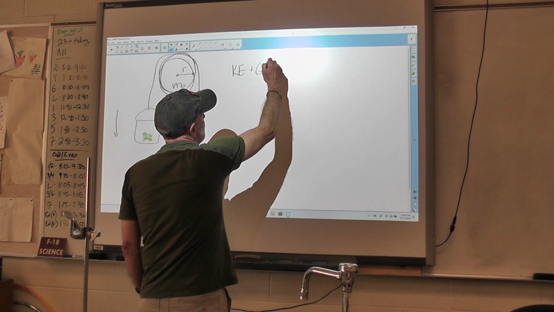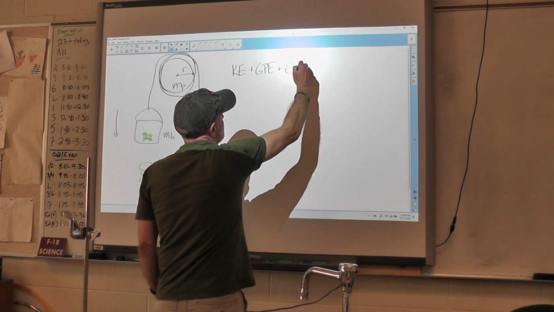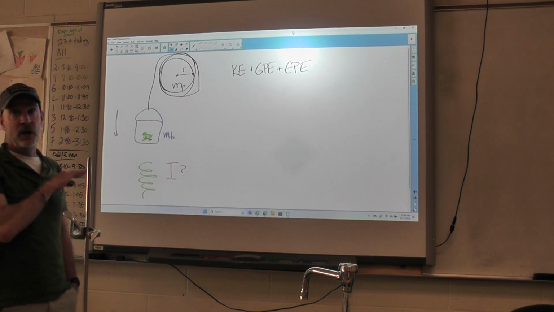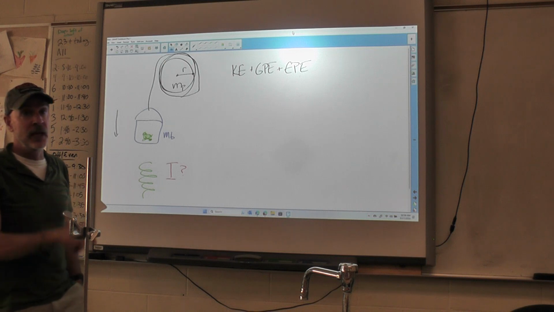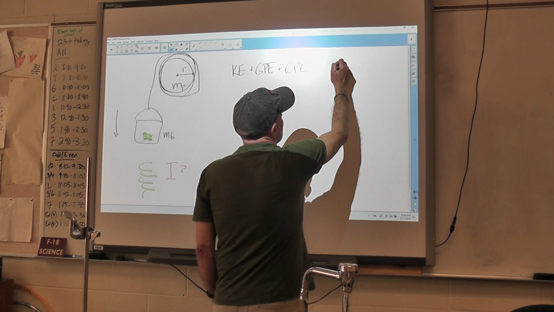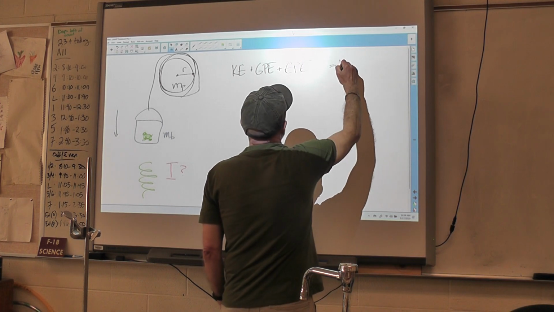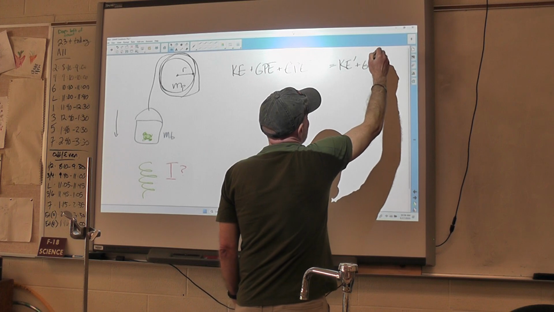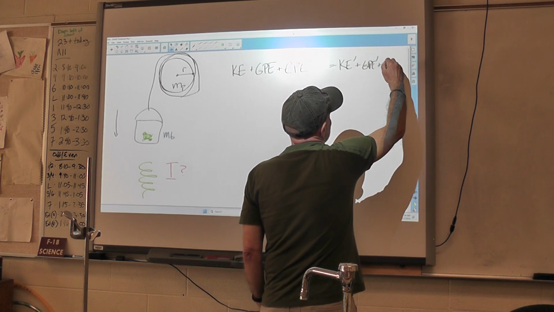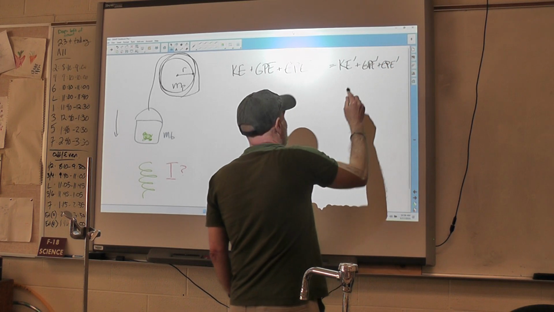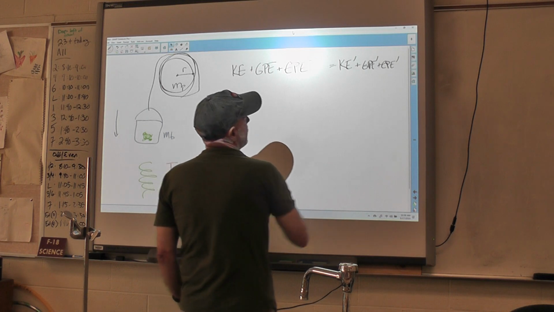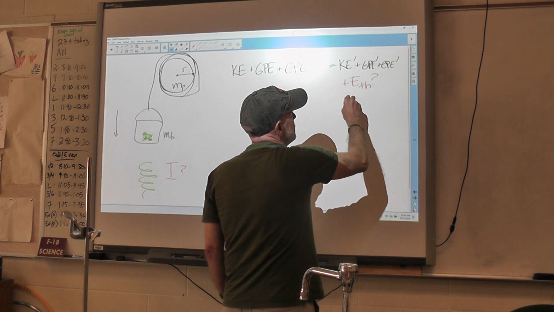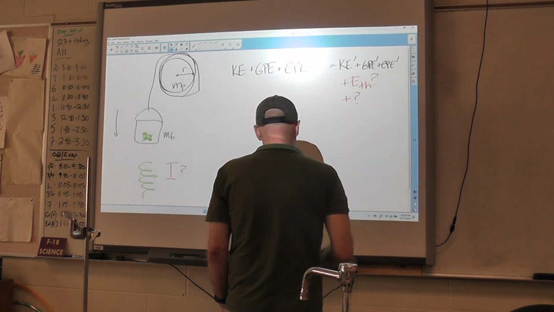Gravitational potential energy, elastic potential energy, those are our three forms of mechanical energy. And that is going to equal some later kinetic energy, some later gravitational potential energy, some later elastic potential energy. And there will also be maybe some thermal energy that's produced.